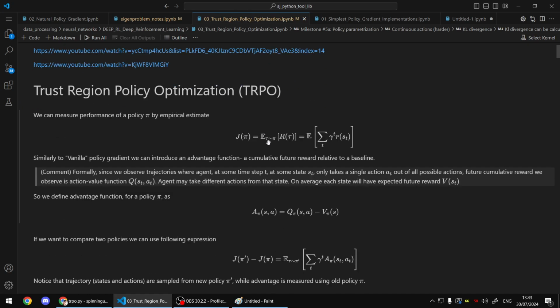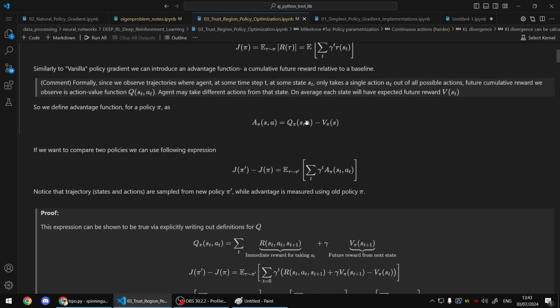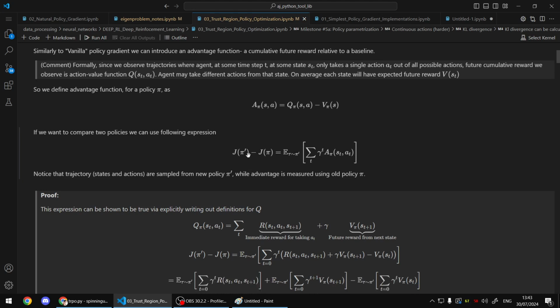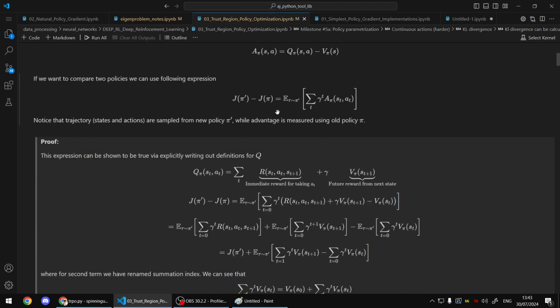We've started from our typical definition of policy performance, and then, using our new definition of the advantage function, we've defined this policy improvement metric, as I call it, but it works, of course.